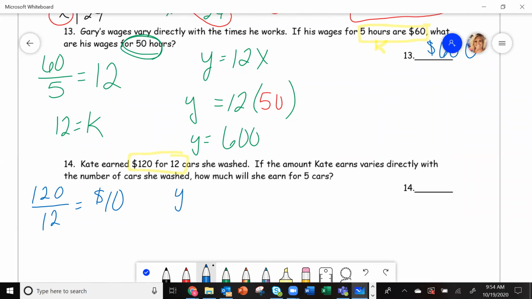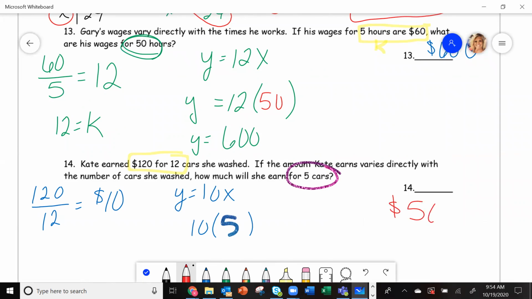So my equation would be y equals 10x. Then it says, how much is she going to get paid for 5 cars? Well, 10 times 5 gives me 50. She is going to make $50 for washing those 5 cars.